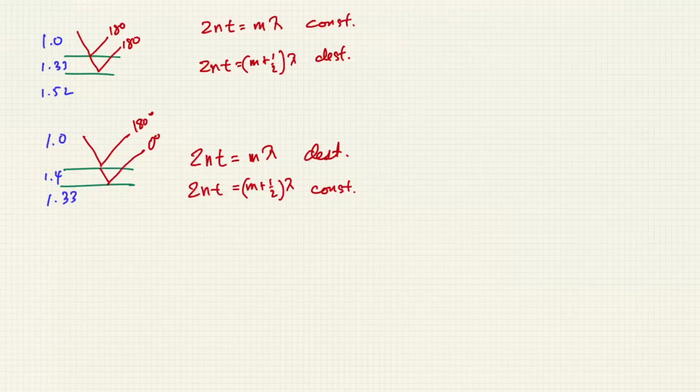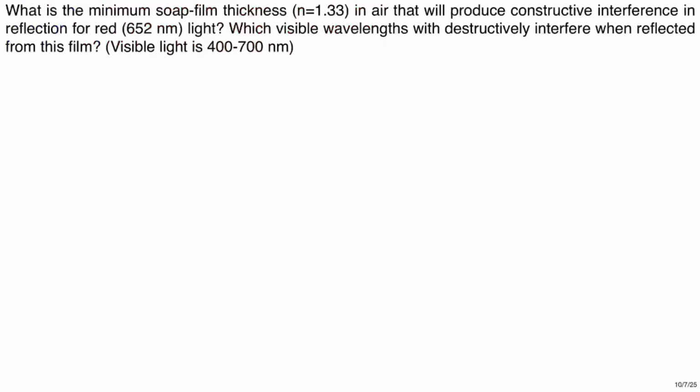Does it mean constructive or does it mean destructive? Do not lock in and assume that m lambda is always constructive, because it's not going to be. You'll only be right 1/4 of the time. Technically 50-50, but there's lots of different possibilities for this. All right, so let's do some examples.